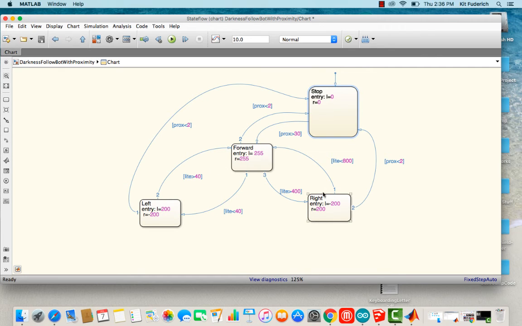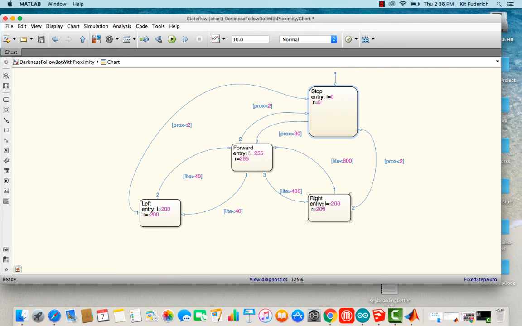What we also have on the other side is if the light value is bigger than 400, the Mini-Q is going to go right. Otherwise, if it's less than 800, which is a little bit of a confusing pattern, but it's worked for me in the video you're going to see in a second, it's going to move back to forward.